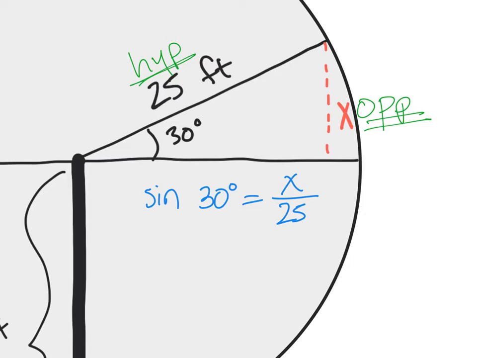To get the x value, I need to move this 25 over. How should I move the 25 over? We're going to multiply by 25 on both sides. And then I get 25 times the sine of 30 degrees equals x.